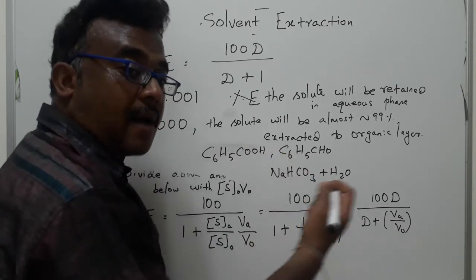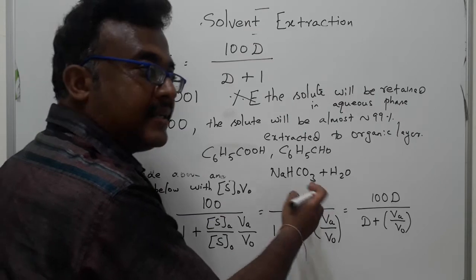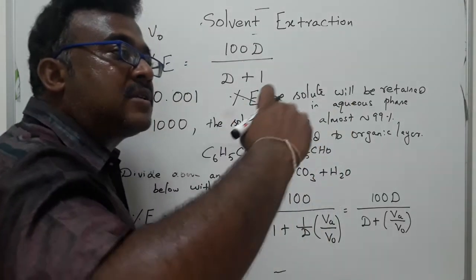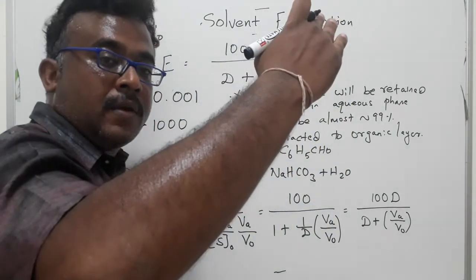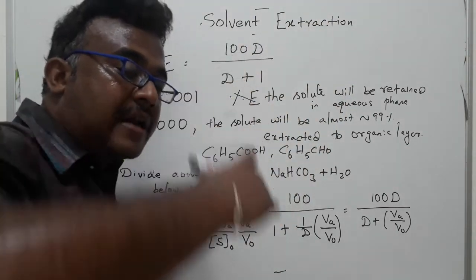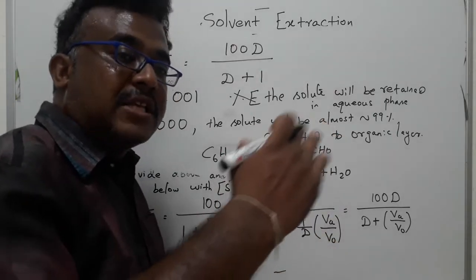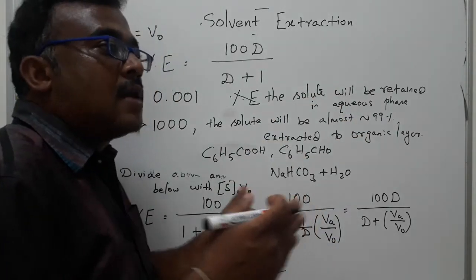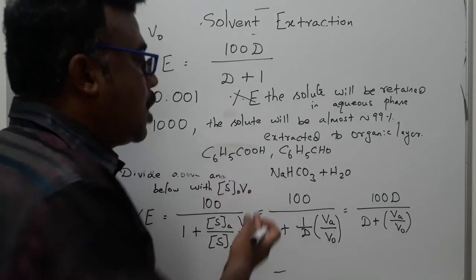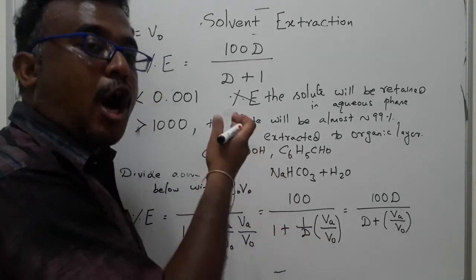The carboxylic acid is converted to its sodium salt, and almost 99% goes to the water layer, while benzaldehyde stays in the organic layer. Using the separating funnel you can separate these two phases, and if you acidify the aqueous layer, you get benzoic acid. So it can be a very good separation technique also.